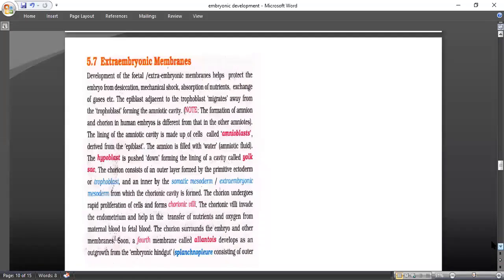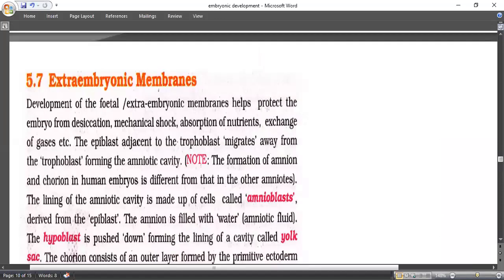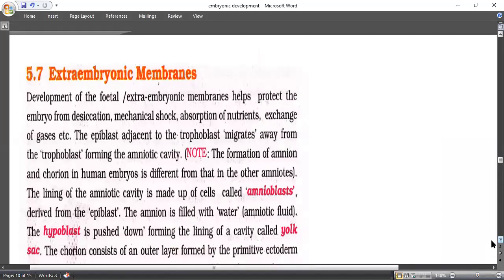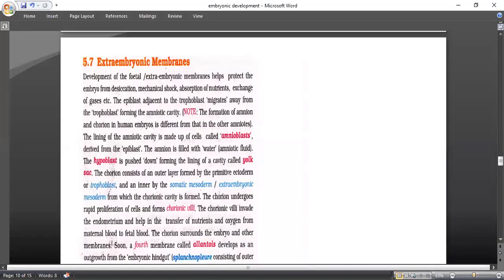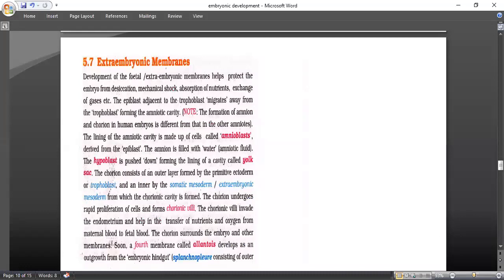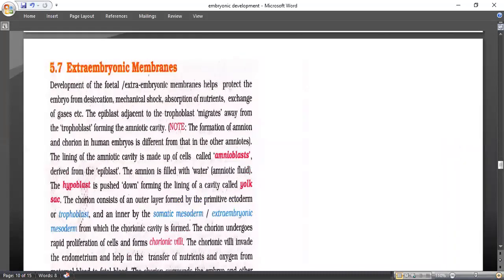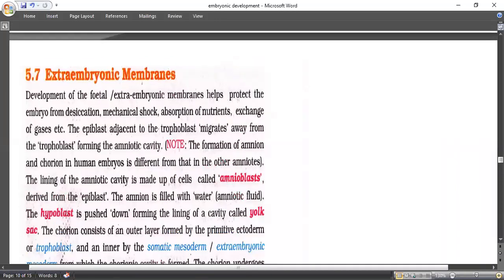So let me show you. We need to enlarge it a little. First of all, let me show you what the extra embryonic membrane is and its location. Then after, let us see how it is in the text. The size needs to be adjusted a little.